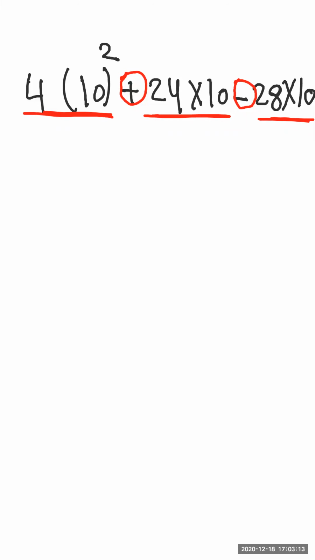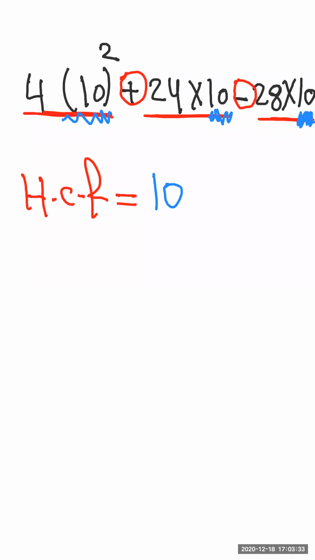So the highest common factor will equal. Guys, concentrate well. There is 10 here, 10 here, and 10 squared. We said that 10 squared means 10 times 10. So the highest common factor from all these is 10. What else? There is 4, 24, 28. Is there a common factor here?